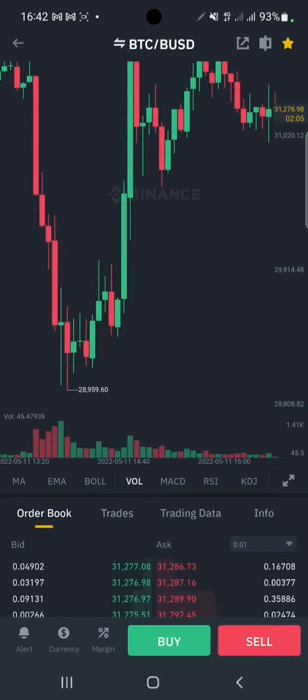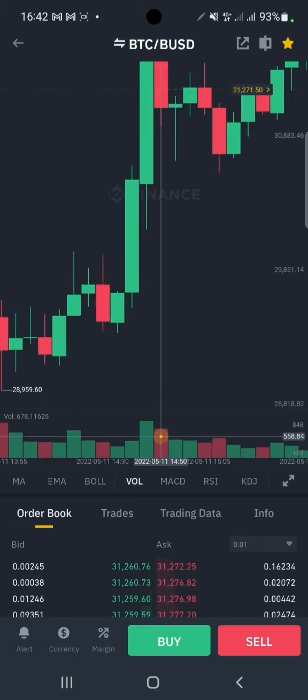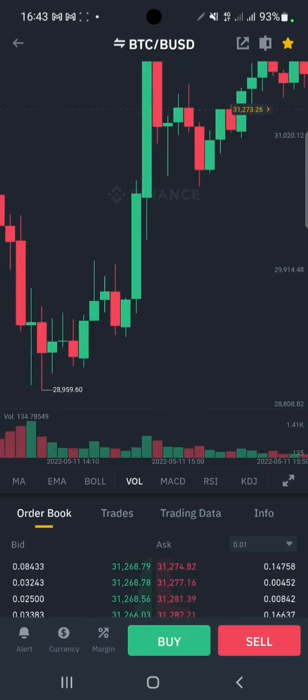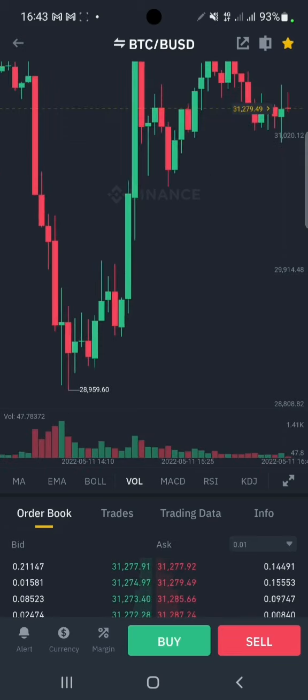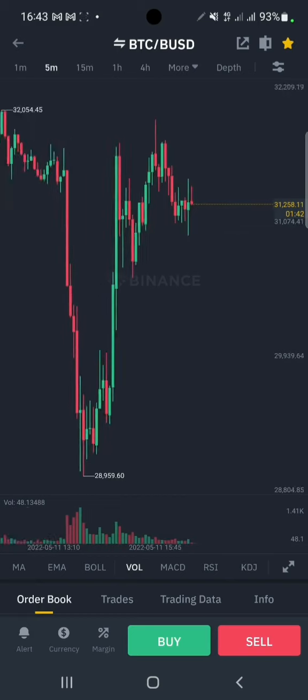Okay, so then if you want to go to a different point, say you tap another candle here, it gives you that figure. You see, I tap that green one there, the red one next to it, it gives me the exact volume at that particular point in time on that same candle that it is aligned with. Okay, so that's the volume.